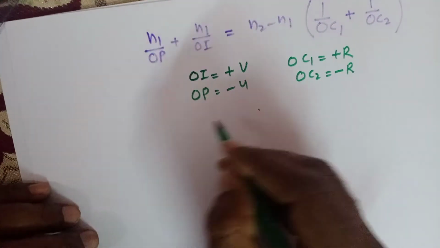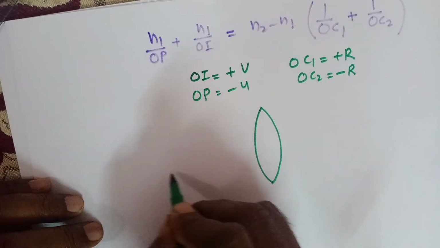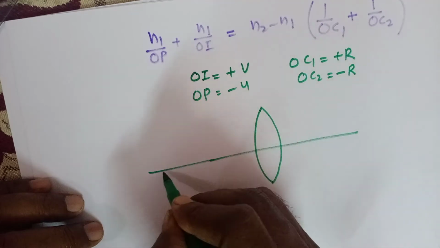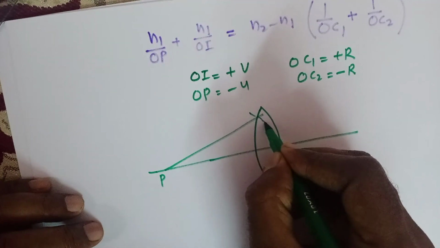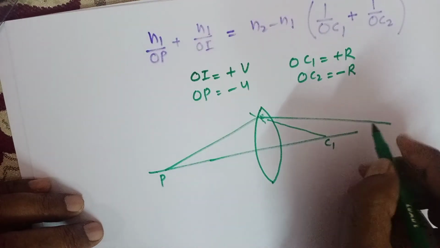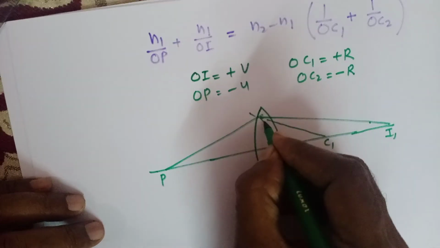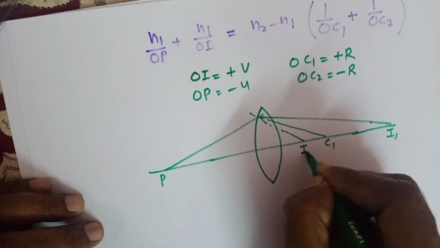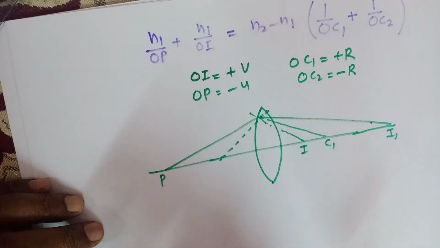Because of the length equation, this was the length. P, the ray will go here, normal. C1, the first image is formed here. I1 will act as a virtual object, the final image will form here, and the second normal is here.